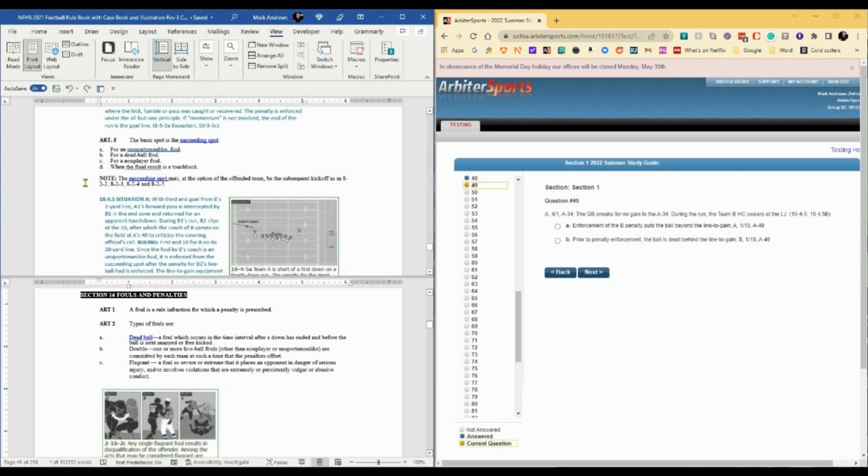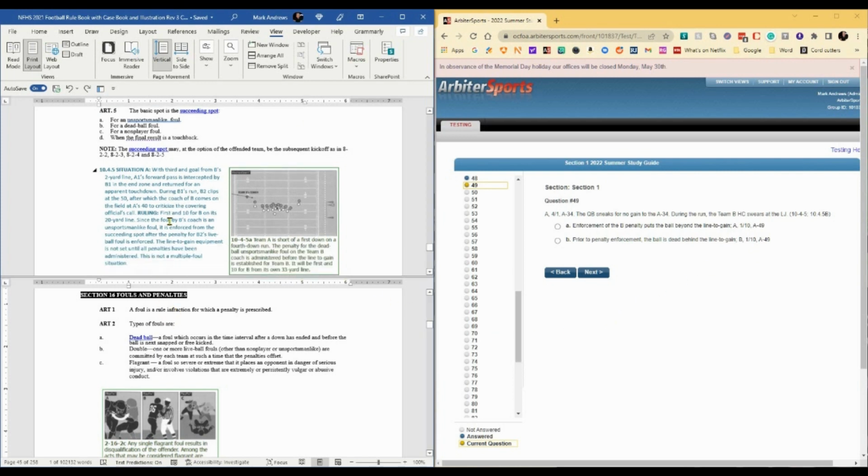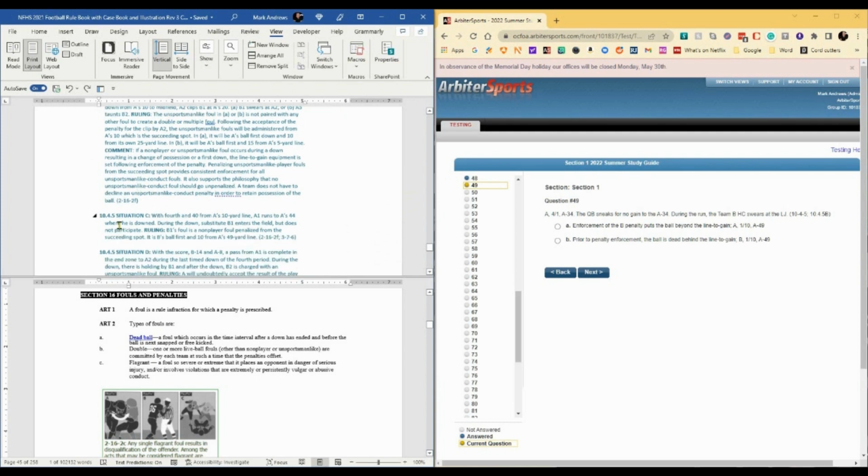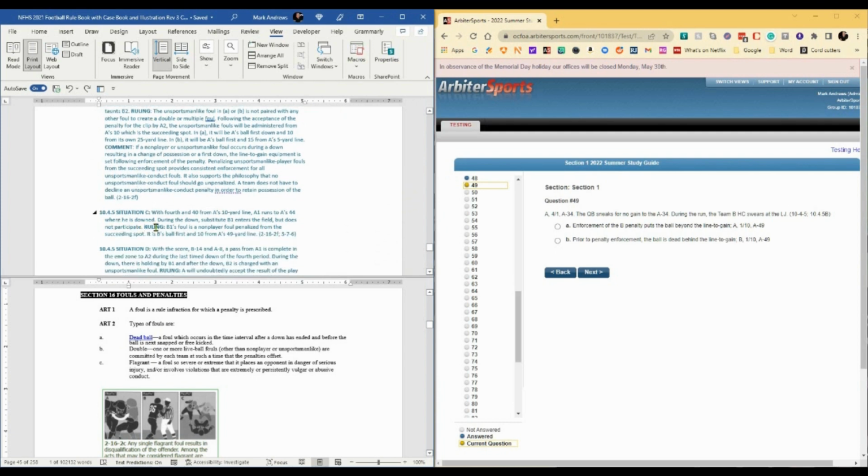So 10.4.5 B does cover this in a way, but I think C is actually a better case. With 4th and 10 from the A's 40-yard line, A1 runs to A's 44 where he is down. During the down, substitute B1 enters the field but does not participate. B1's foul is a non-player foul penalized from the succeeding spot.